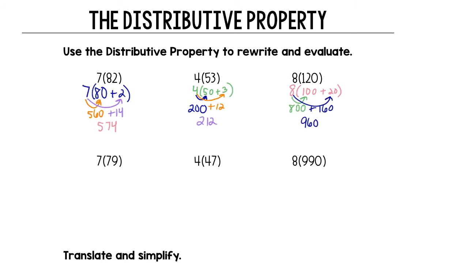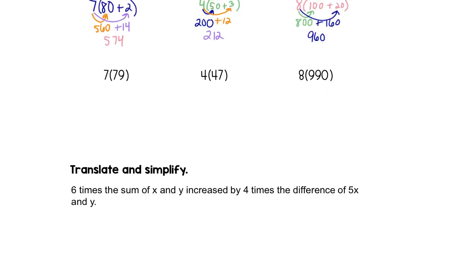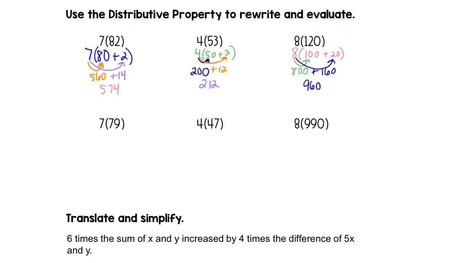All right, now let's move on to the bottom row here, and they are just a smidge different. Instead of adding them like we did on the top row, now we're going to subtract. Instead of 79, how about I have 7 times 80 minus 1? Because 80 minus 1 is also 79.